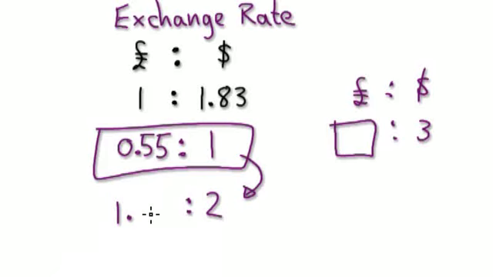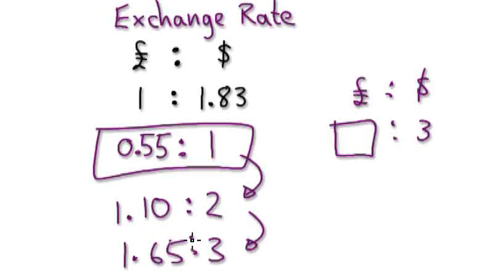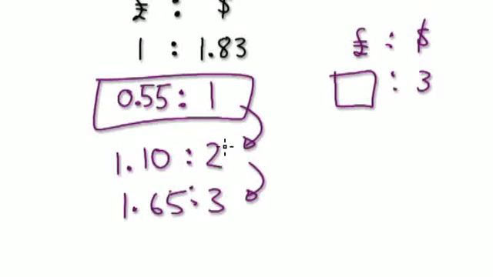It's going to be £1 and 10 pence. If you want to find out $3, then jump another step. $3 here, so that will be £1.65, and so on. But there's a better way of doing this.